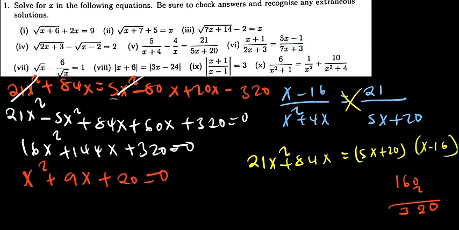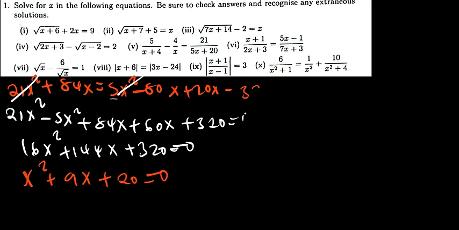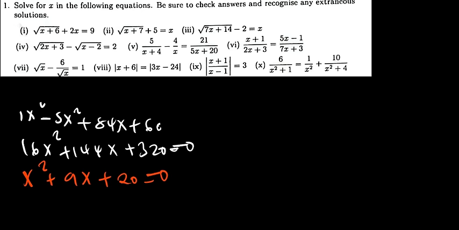I've reduced this now into this simple equation. So my equation now is x squared plus 9x plus 20 is equal to 0. Let's find the values of x.